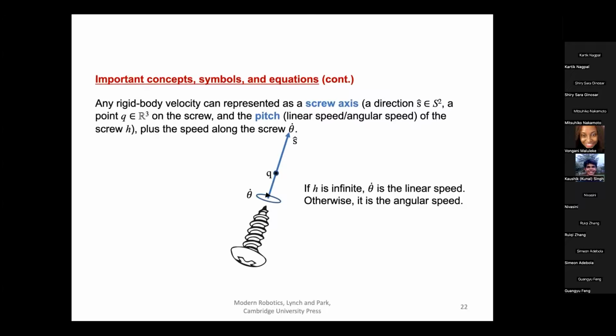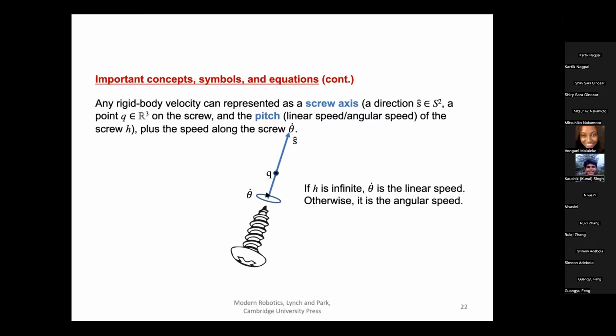So what happens with a screw? When you screw in something, there's a picture here of a screw. It moves along the axis of the screw. There is a translational movement along the axis of the screw, and there is a rotational movement around the axis of the screw. Both happen. And then a screw has what's called a pitch.